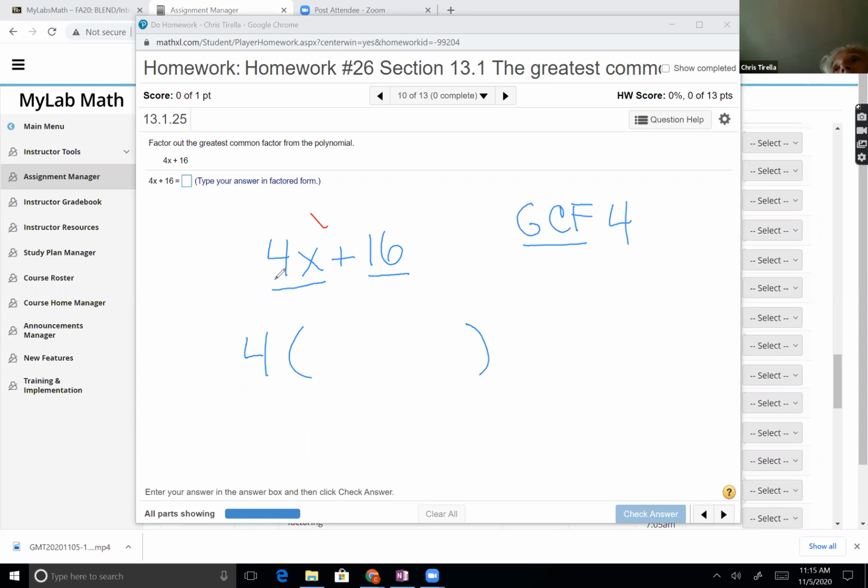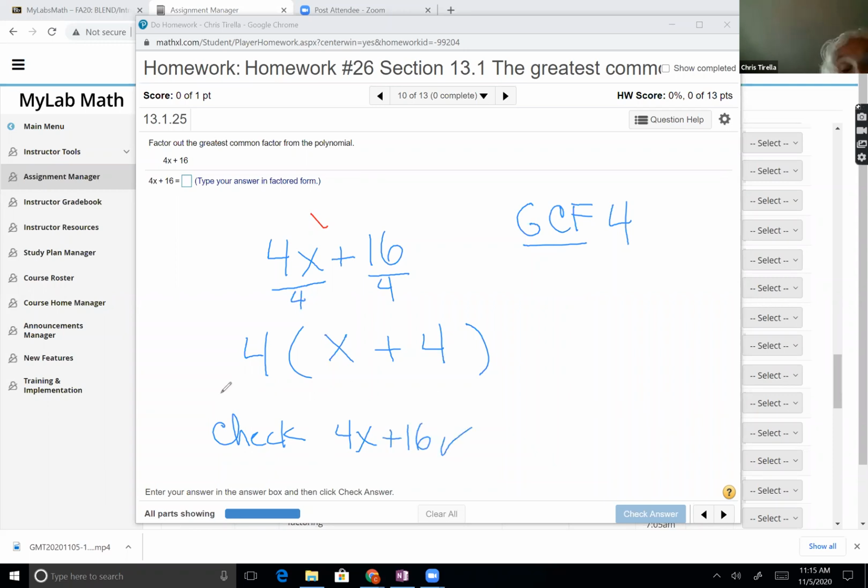Now I know in the videos in my labs and other people say, okay, so now we have to think backwards and say, what would I distribute to get that? I think it's easier to find that if we just go through and divide both by 4. And that would leave me with 1x plus 4. And then again, I can check by distributing. 4 times x is 4x. 4 times 4 is 16.